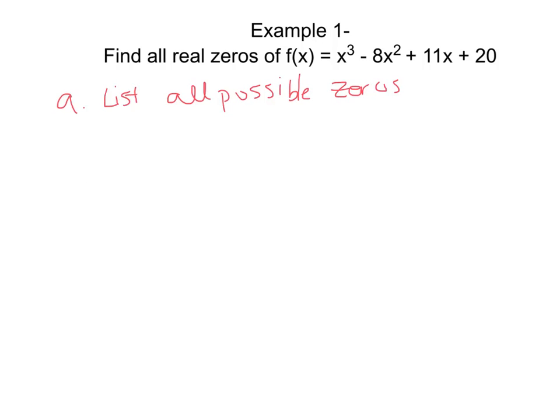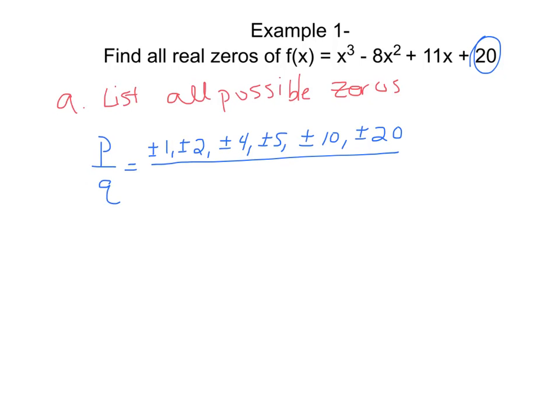Okay, so to do this, we're going to use that P over Q theorem that we learned about in the 2.0 video. If you remember, P stands for the factors of the constant term, so this is 20. My factors of 20 would be plus or minus 1, 2, 4, 5, 10, and 20.